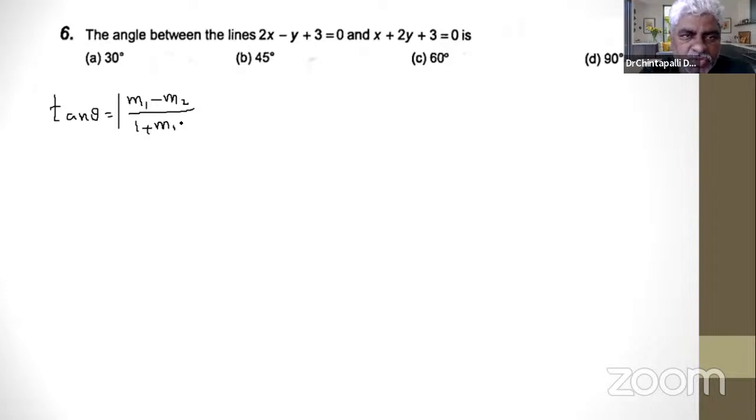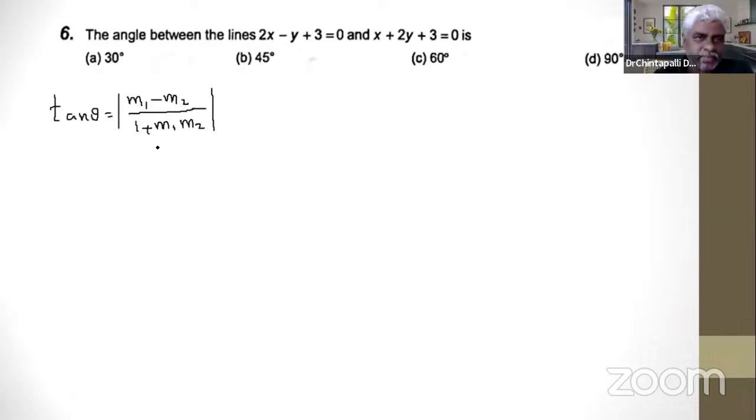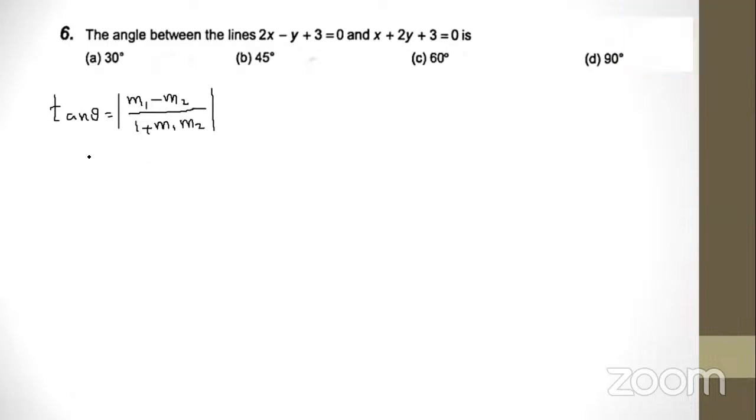What are m1 and m2 here? m1 is the slope of the first line, m2 is the slope of the second line.